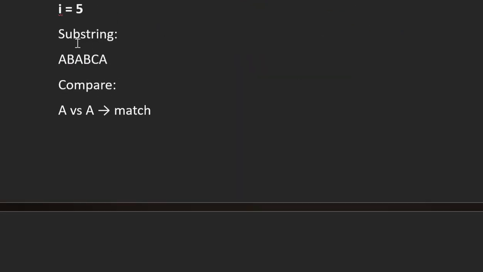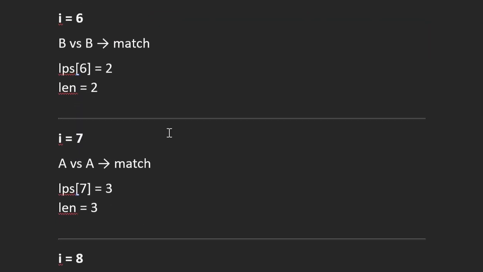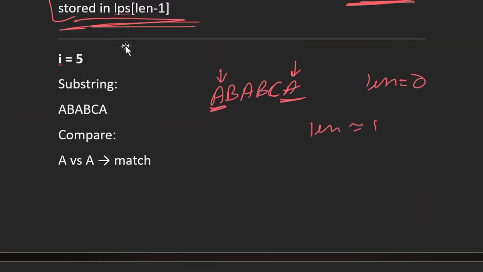So next we will move to the next index, that is I is equal to 5. At I is equal to 5 we have the string ABCA, right? And our length is currently 0. So see, these two are again matched, so length will become 1 and LPS of 5 will be 1.